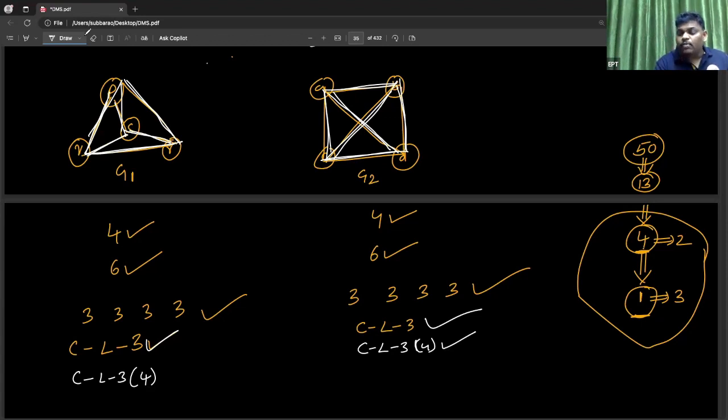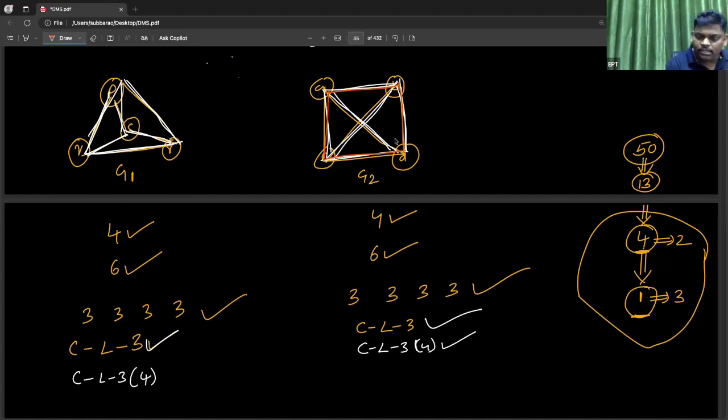Let's check. Is there any cycle of length 4 in G2? In G2, length 4 cycle, there is not. What about G1? G1 having a cycle of length 4?